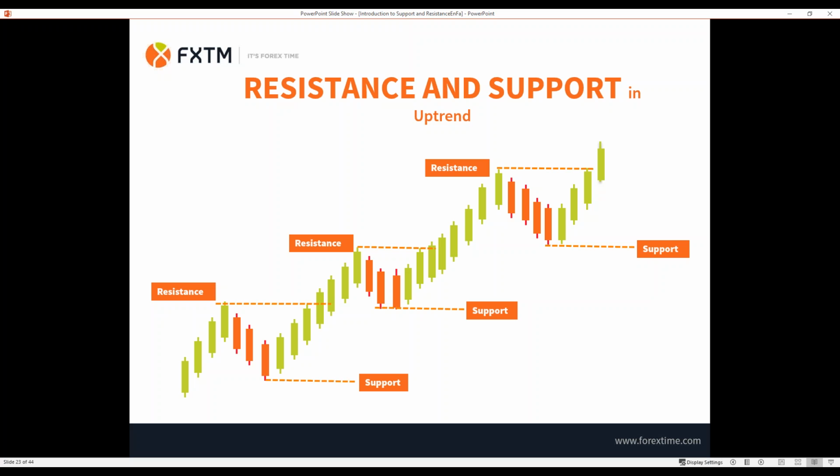Of course, if you have an uptrend, then you look for higher tops and higher bottoms. And we have another question by our friend Ali. Why do support levels sometimes break?